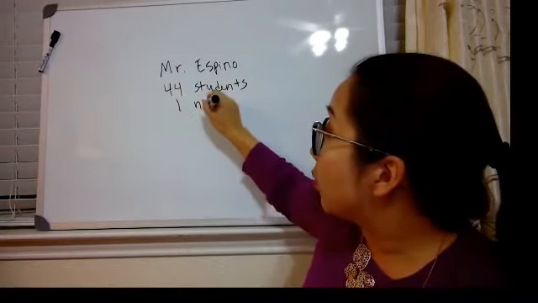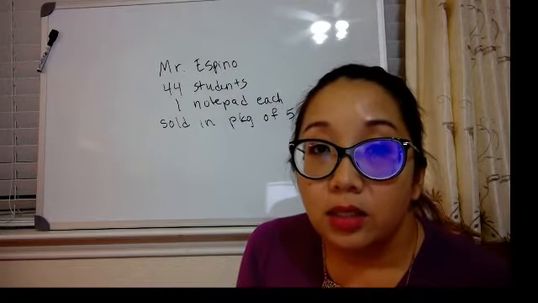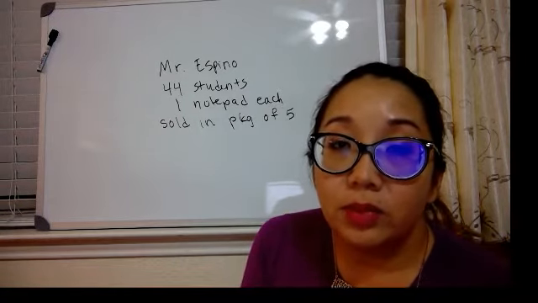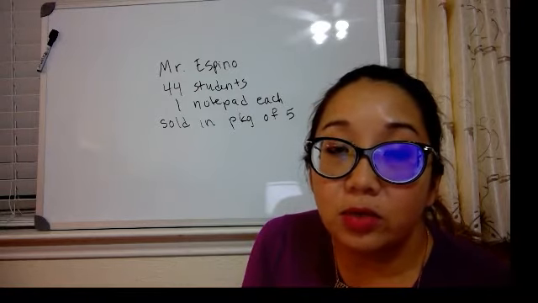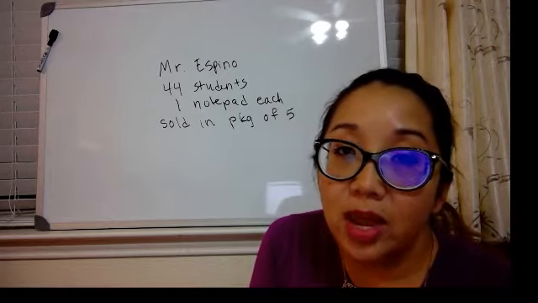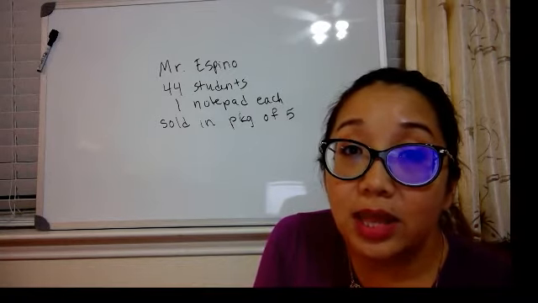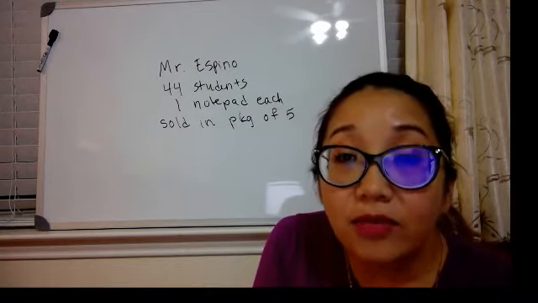Okay, so what is the important note here? When we're reading this problem, the important piece of information that you have to infer from here is that every student needs a notepad, okay?